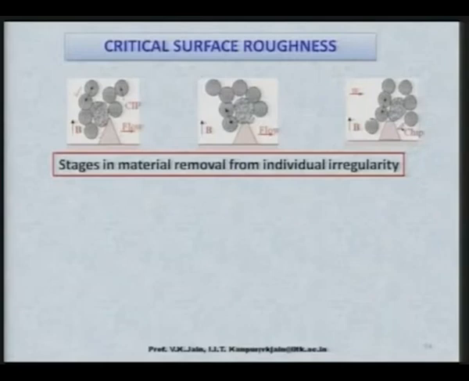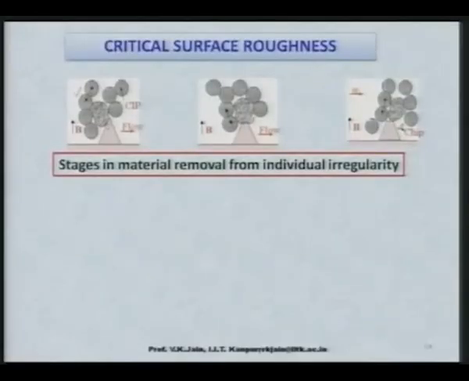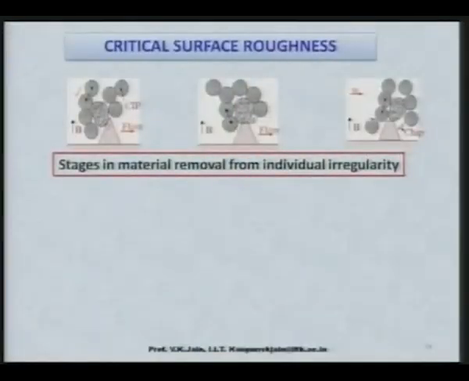When this whole set of abrasive particles and ferromagnetic particles comes and strikes the workpiece surface peaks, if the cutting force is more than the resistance offered by the workpiece surface, it will shear off this peak, as you can see here, in the form of a micro or nano chip, depending upon the normal force value.